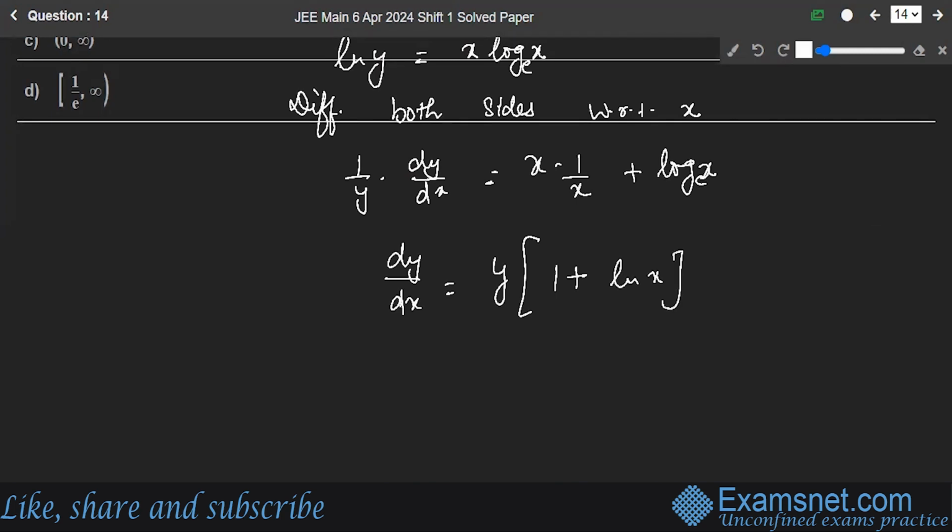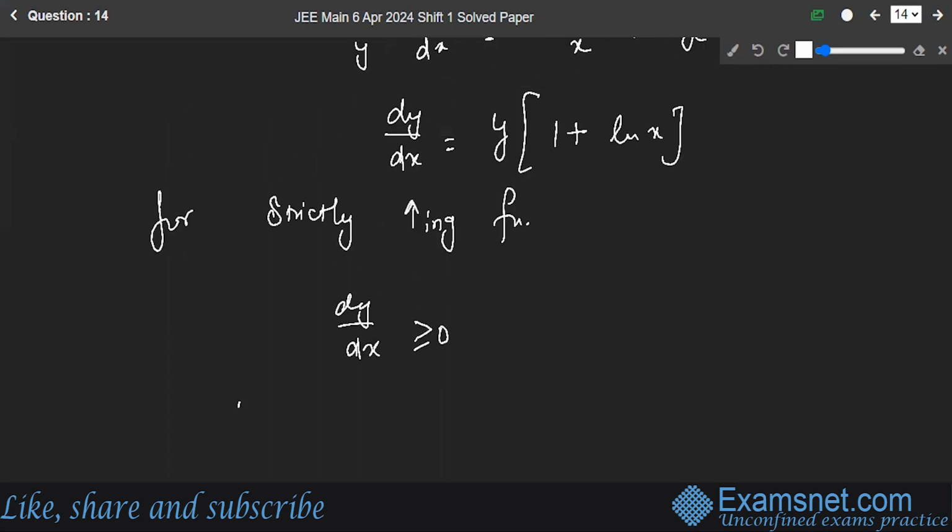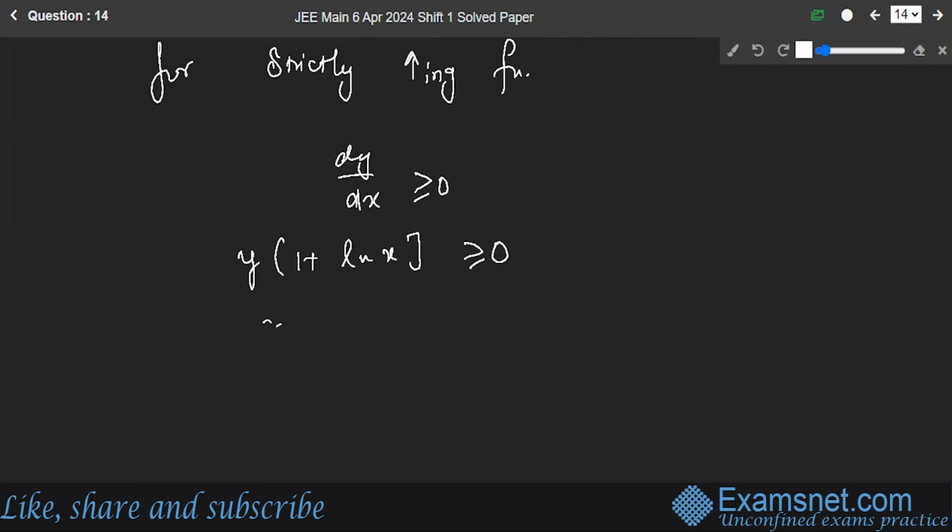Now, for strictly increasing functions, dy by dx is greater than or equal to 0. What was your dy by dx? This is y into this, which is greater than 0, or x power x into 1 plus log of x is greater than 0.